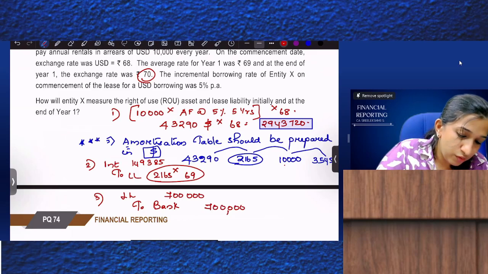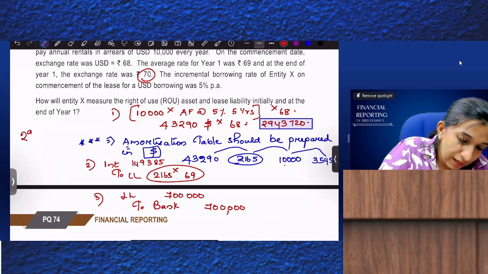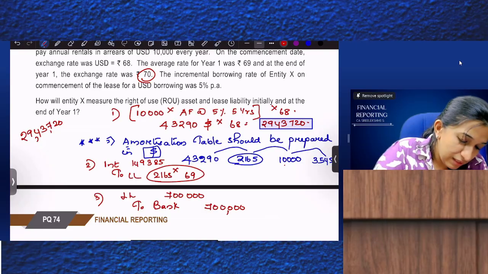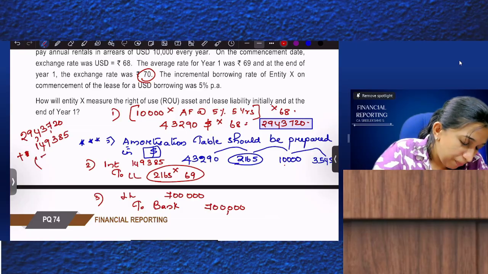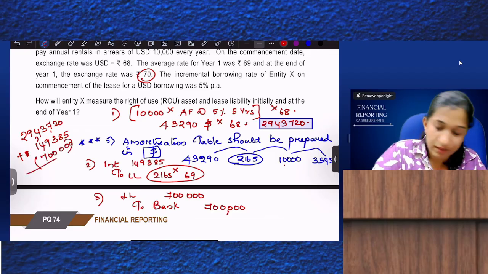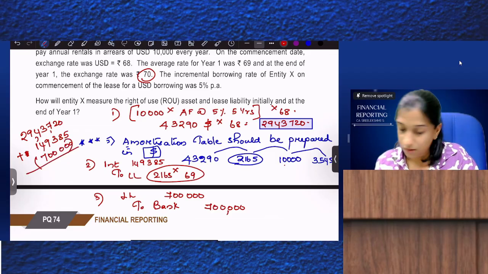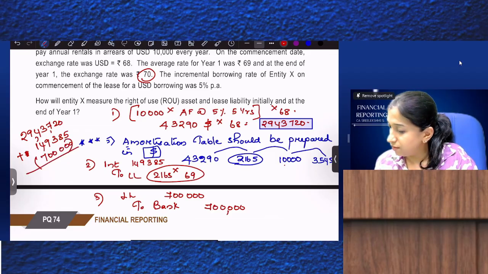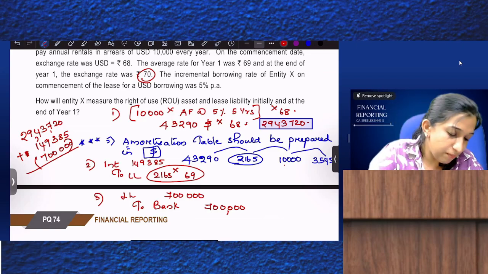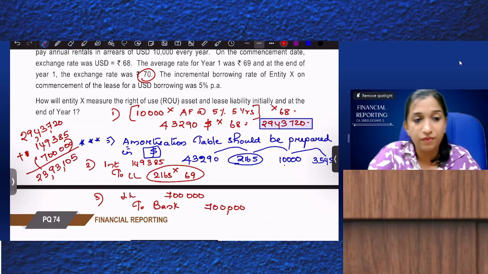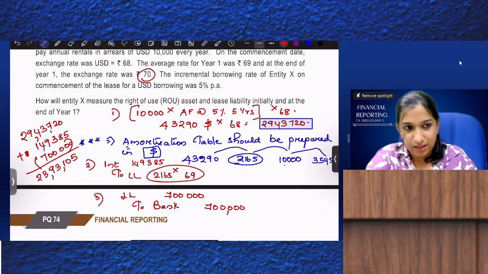Now we should find out the closing balance. Opening is 29,43,720. Then lease liability increased by 1,49,385. You repaid 7 lakhs. Closing balance is standing at 23,93,105.